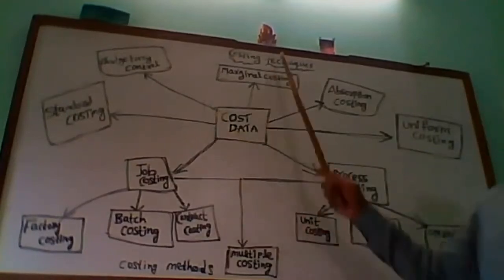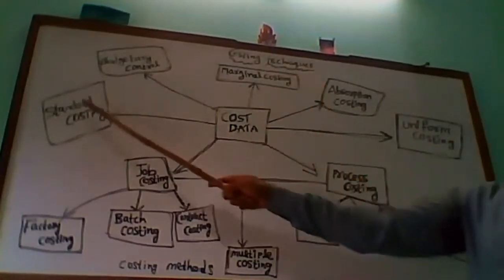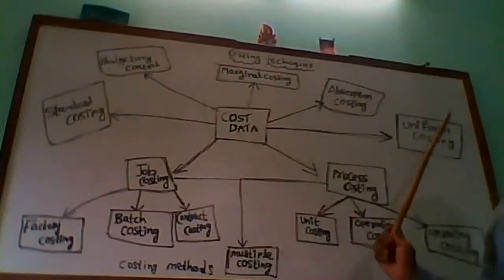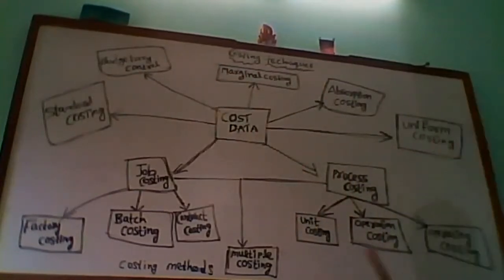And for this data we are going to use different costing techniques. See here, these are the costing techniques, 1 2 3 4 5. These are the costing techniques, and these are job costing and process costing. Again it is further divided into three types, which we call the costing methods.